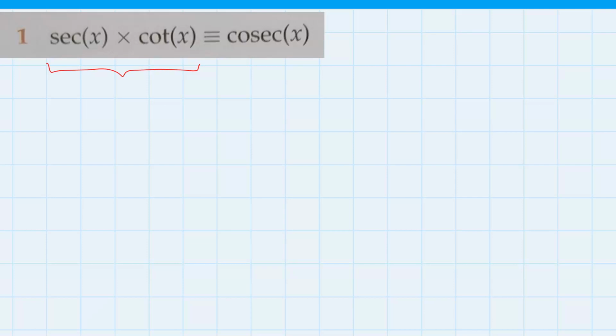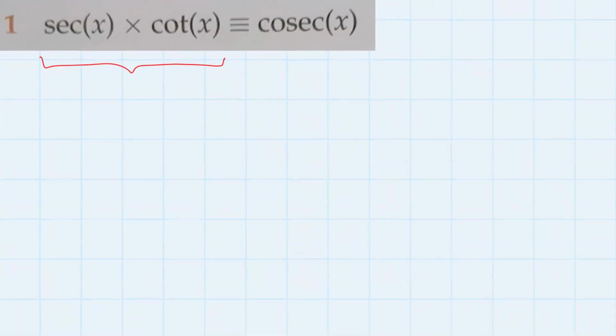So let's just write down what the left hand side is, and then we'll look to see whether we can simplify that using some of the formulas that we've just been given. So the left hand side is equal to sec x multiplied by cot x.